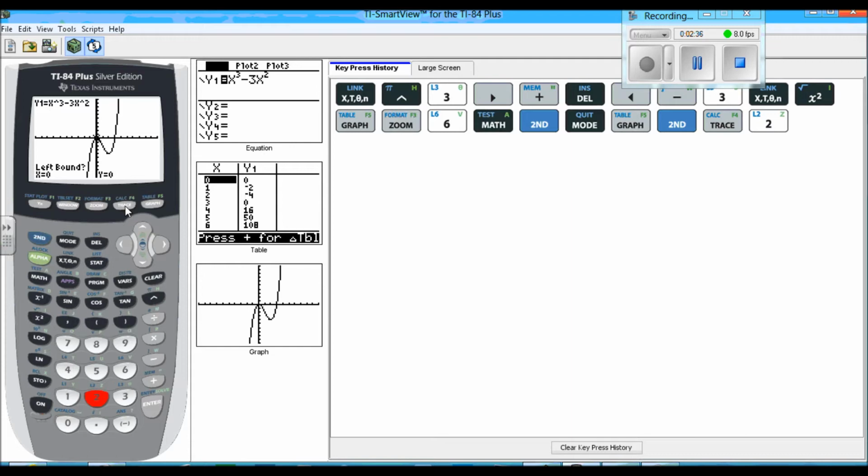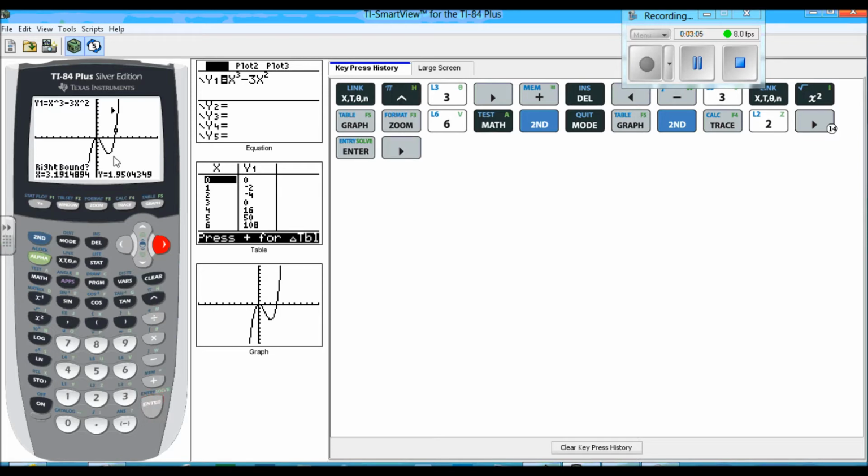Good. Now it asks you the left bound, because there are 2 zeros here, this one and this one, so it wants to know which one you want. The left bound would be somewhere close on the left of this 0. So that's pretty good. You hit enter, and then it'll ask you the right bound.